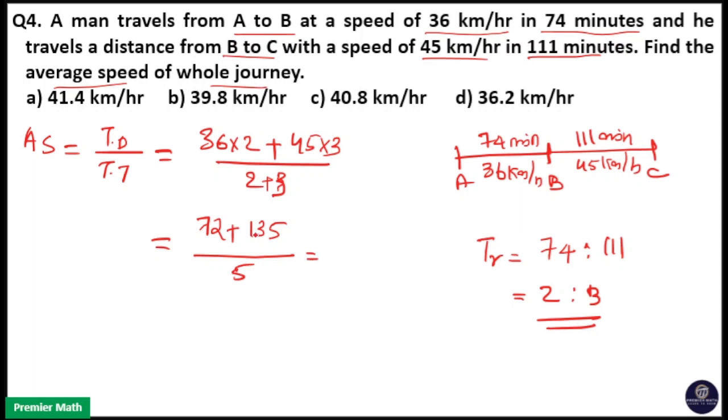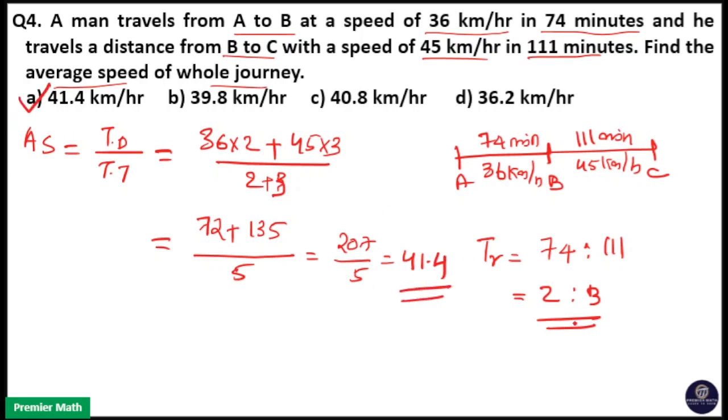So that is equal to 135 plus 70, 200, 200 plus 7, 207 divided by 5. 5 4s are 20, 5 1s are 5, 2 by 5 is equal to 0.4. So 41.4. Option A is your answer.